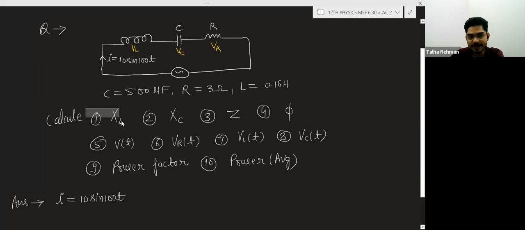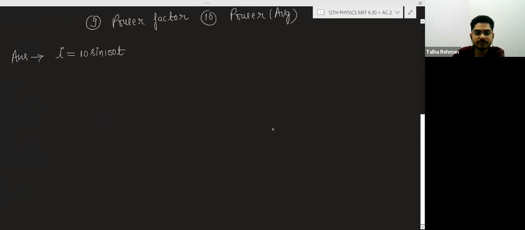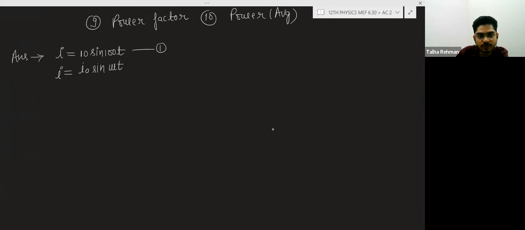First thing we have to find XL, then XC, then Z, and all these things. See, this is the equation of the current given. What is the equation of the current we know? I equals I naught sine omega t. Suppose this is your equation number 1 and this is your equation number 2.